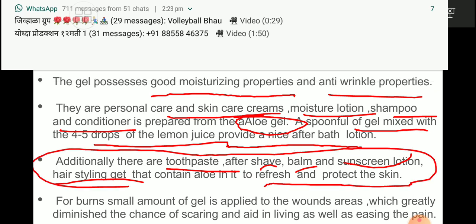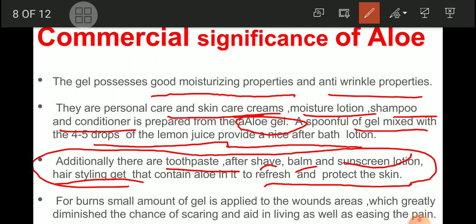Sunburn lotions: whenever our skin is directly exposed to the sun and burning takes place, some lotions are available in the market which give relief from the sunburn. Most of, I will say 90% of, such lotions show the presence of aloe.